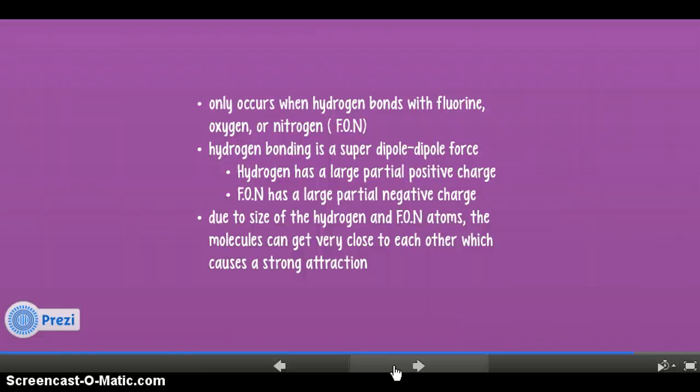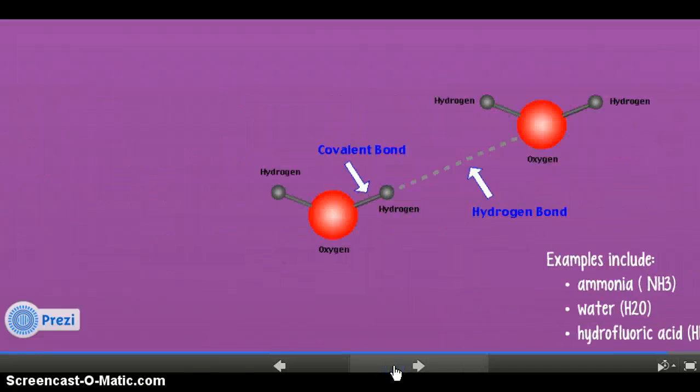It is a large partial positive charge, and then the FON is the large partial negative charge. And due to the size of the atoms, the molecules can get very close, which I talked about earlier, how the closer they are, the stronger the attraction, because they also have a larger charge.